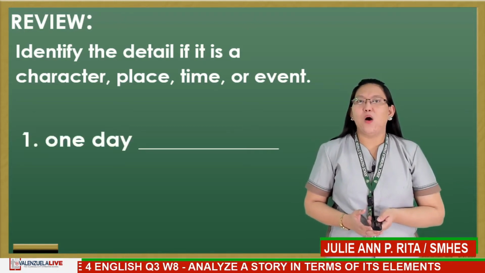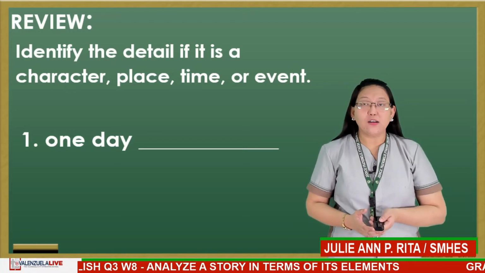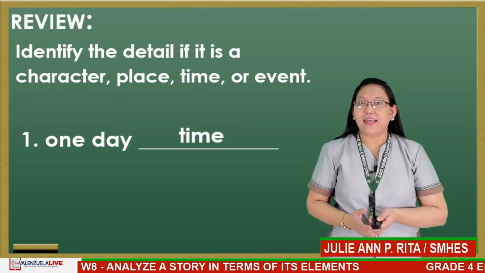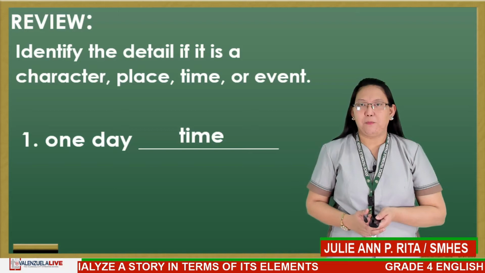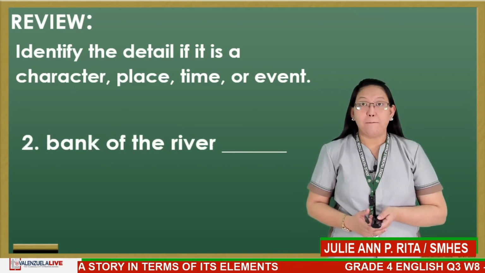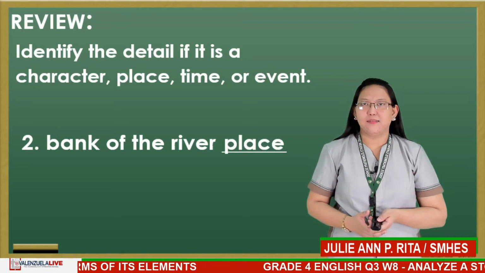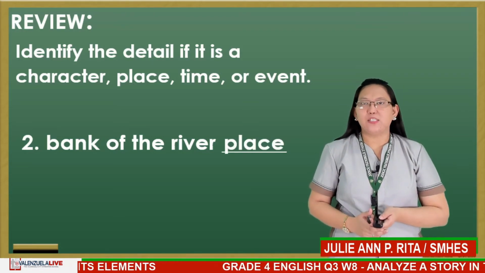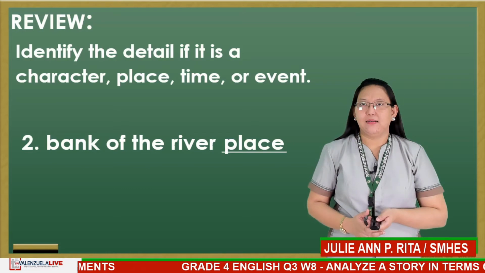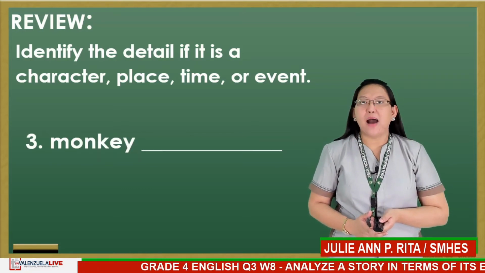Number 1, one day. This detail talks about, that is right, time. Number 2, bank of the river. This detail talks about, correct, the place where the story happened. Number 3, monkey.